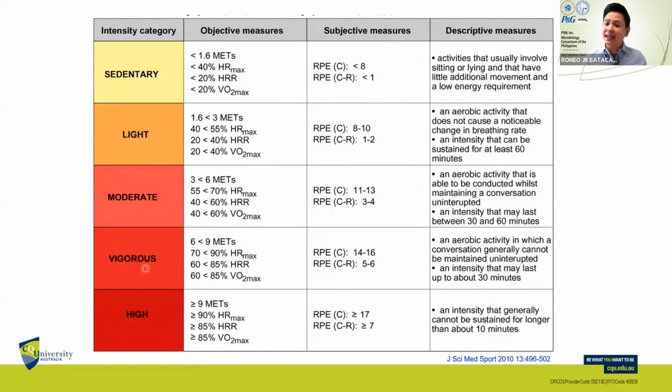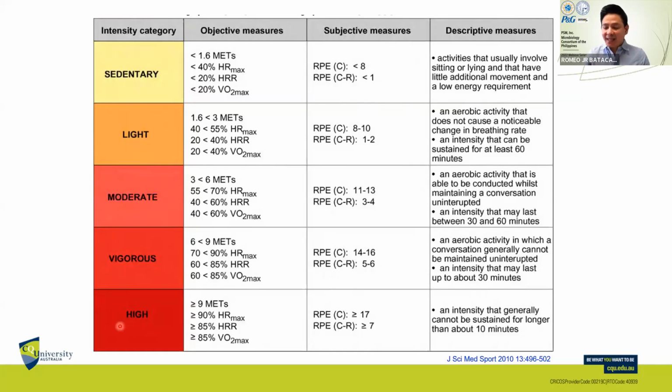Vigorous intensity activities, 60 to less than 85% VO2 max, examples would be jogging, cycling, aerobics, competitive tennis, heavy lifting, or fast bicycling. And then finally, high intensity activities would be exercise with 85% or more VO2 max. For example, running at a speed of 17.5 kilometers per hour.